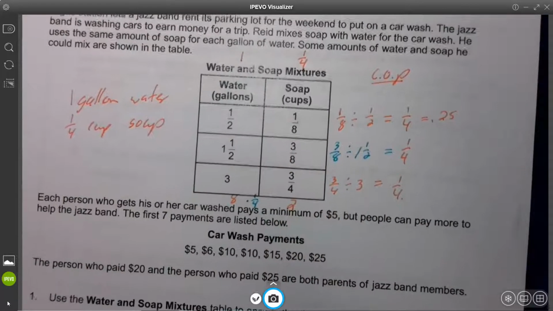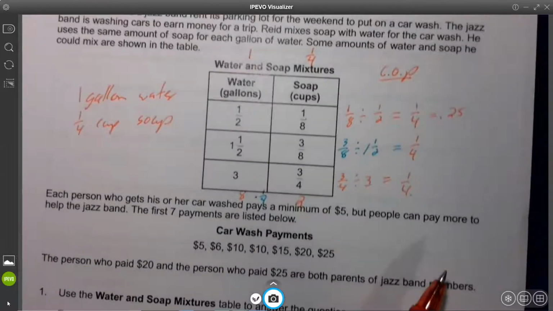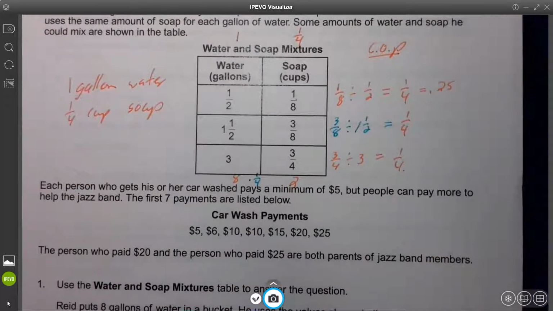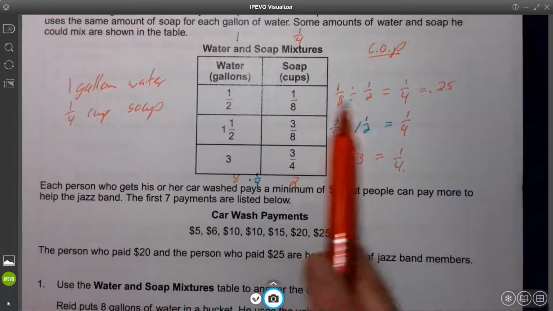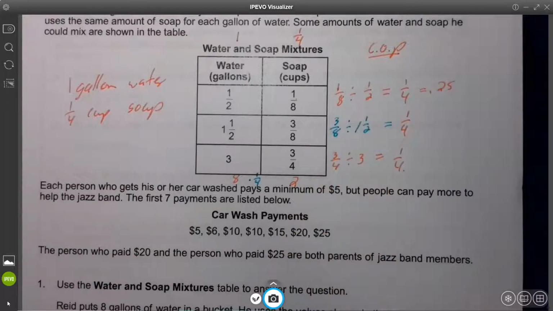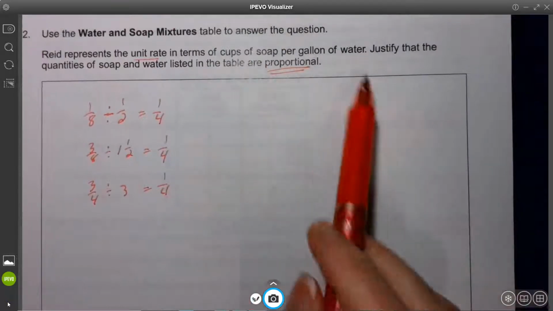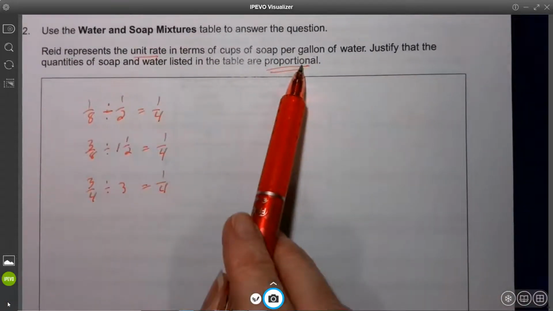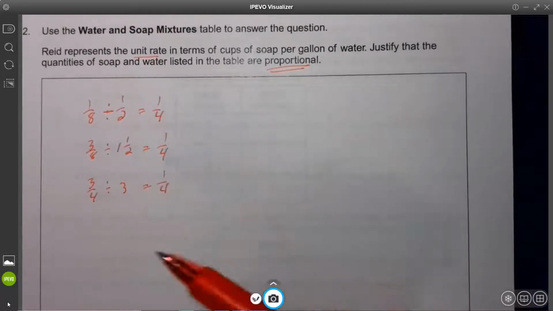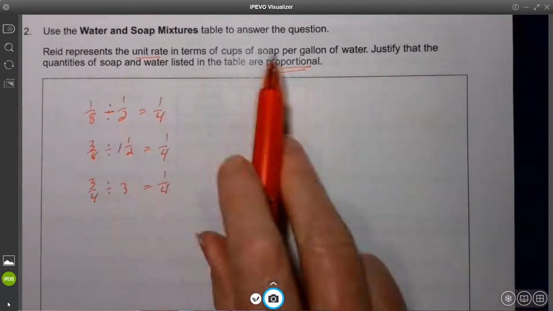Now, what I'm going to do is leave my picture right here, pause. You go to the next page, and then you can see what you have to show is that constant of proportionality. Go. Okay, so justify that the quantities listed are proportional. So we've shown that all of them are equal. But in order to actually justify, we're going to have to write a statement.